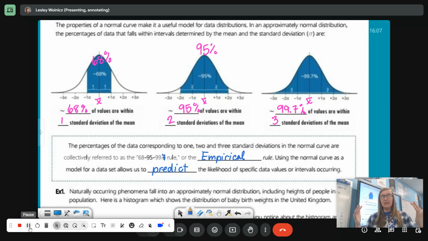Okay, so that is repeated again and again, time and time again through multiple trials. So we can use that to predict the likelihood that certain things will happen. Not for sure, but good predictions.